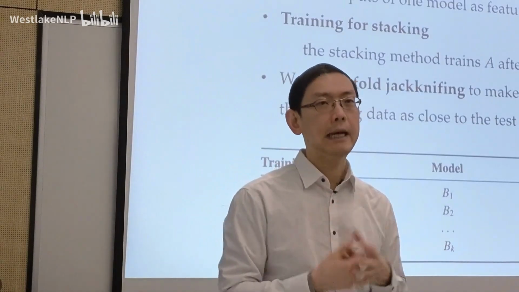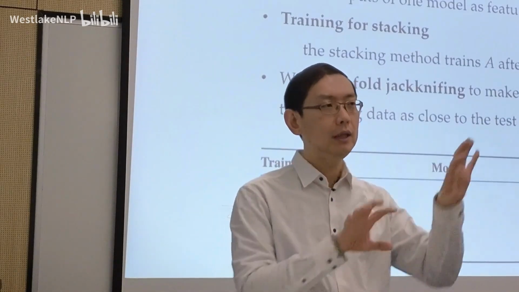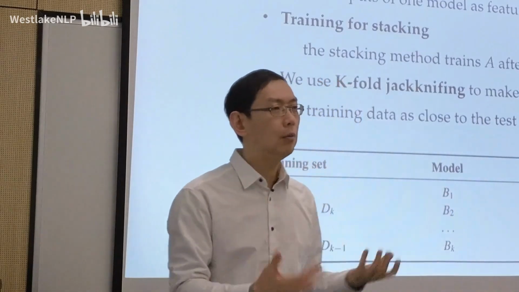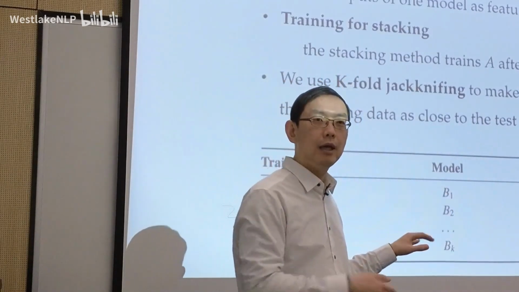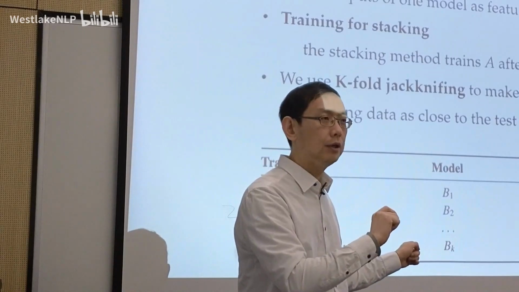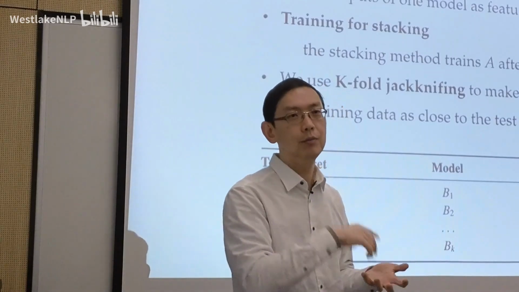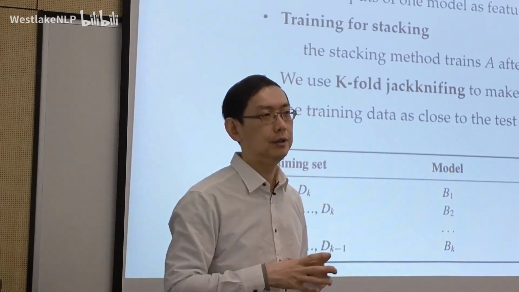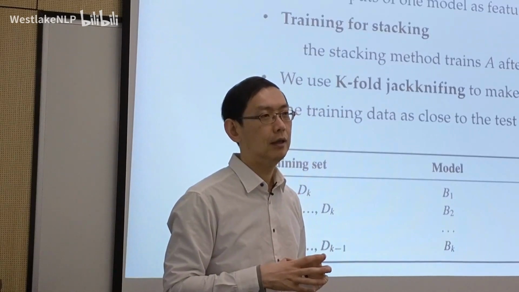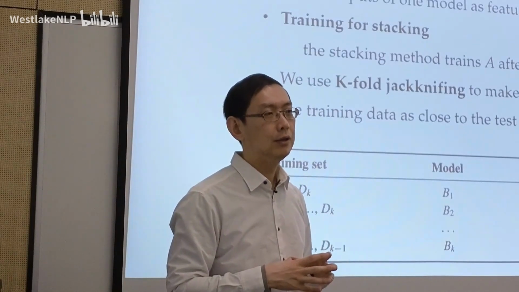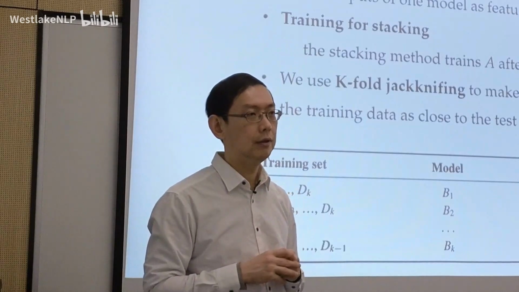So this is called stacking. You have a layered structure. The lower models make decisions and the higher model uses the lower model decisions as features to make the higher model decision. So it's a layered structure.